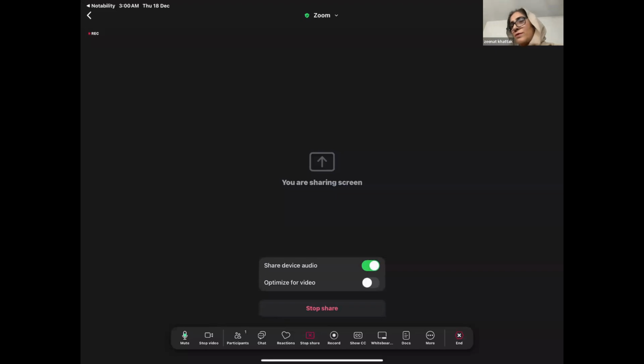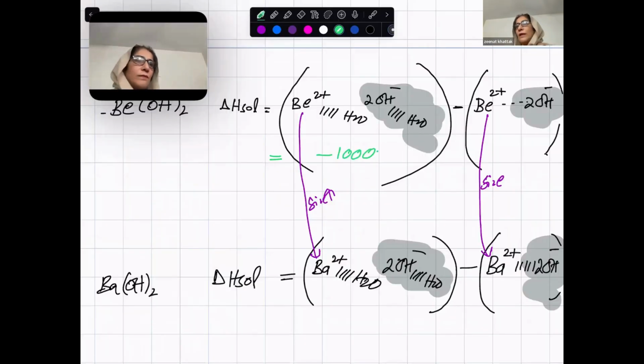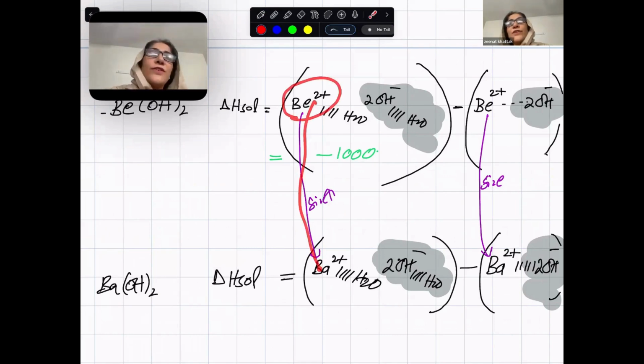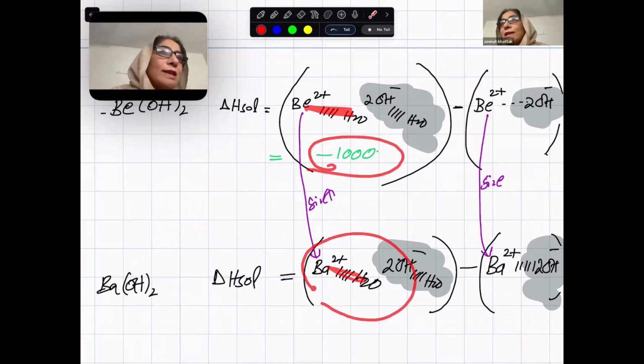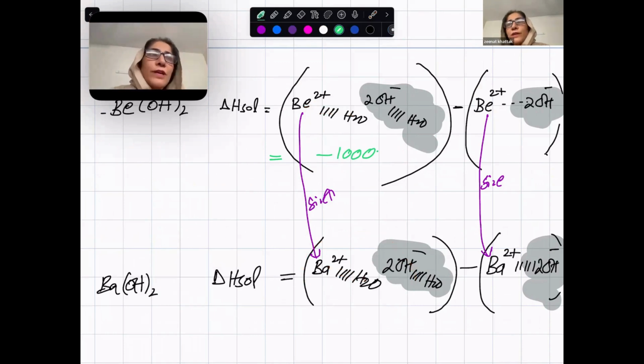What I did? Look. Size of cation increases. Attractive forces more, attractive forces less, more exo, less exo, right? And suppose it is changing from minus 1,000 to minus 800. It's getting less exo.